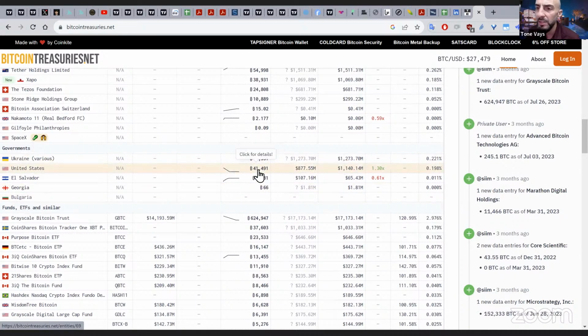I don't believe it for two reasons. One, we know how corrupt Ukraine is, right? So even if Ukraine had 46,000 Bitcoin at some point, it doesn't belong to Ukraine. It has already been subdivided amongst its political elites. Another reason is I just don't believe Ukraine saying that they have 46,000 Bitcoin.